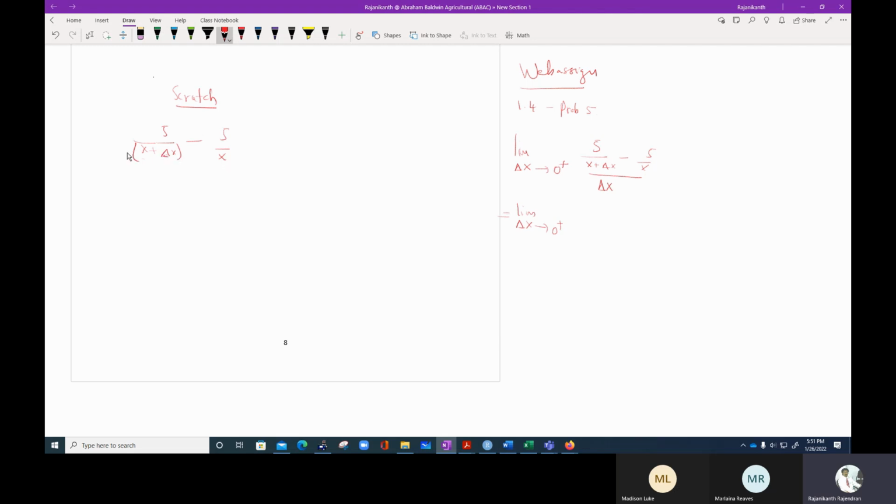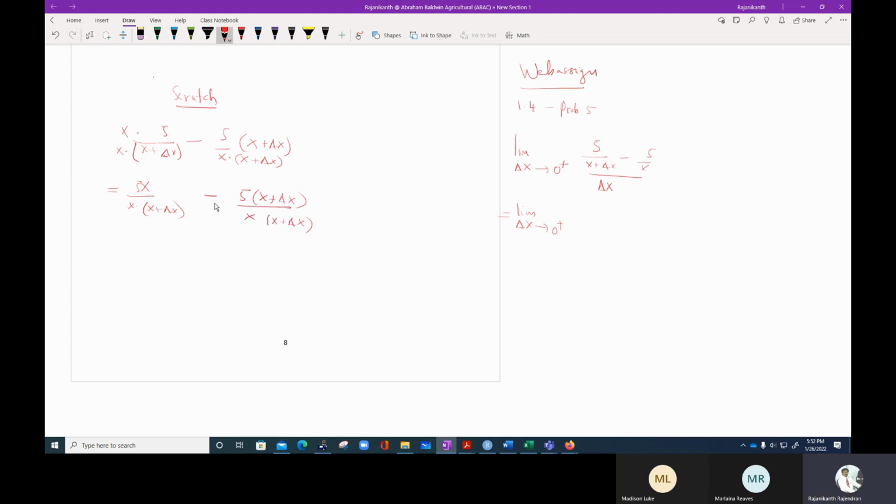So I multiply here by x and here by x plus delta x. My idea is to make x times x plus delta x the denominator. This gives 5x over x times x plus delta x, and here you will get 5 times x plus delta x over x times x plus delta x.